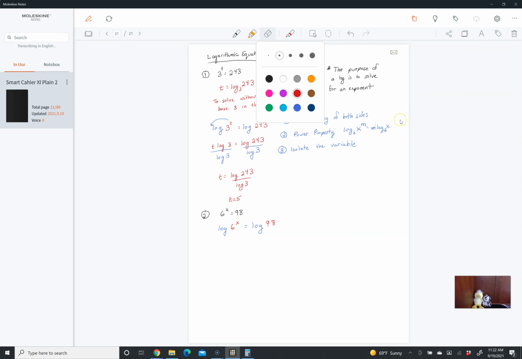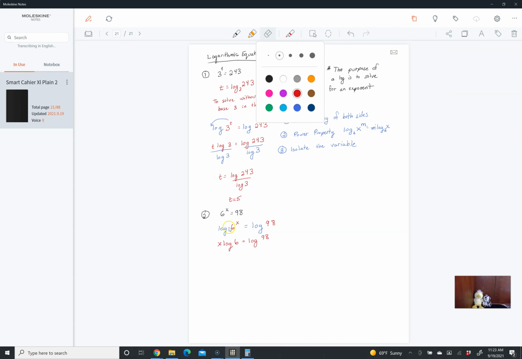Okay, so it's the same 3 rules. We're applying the power property. So we get x log of 6 is equal to log of 98. And then we isolate the variables. So same 3 rules.